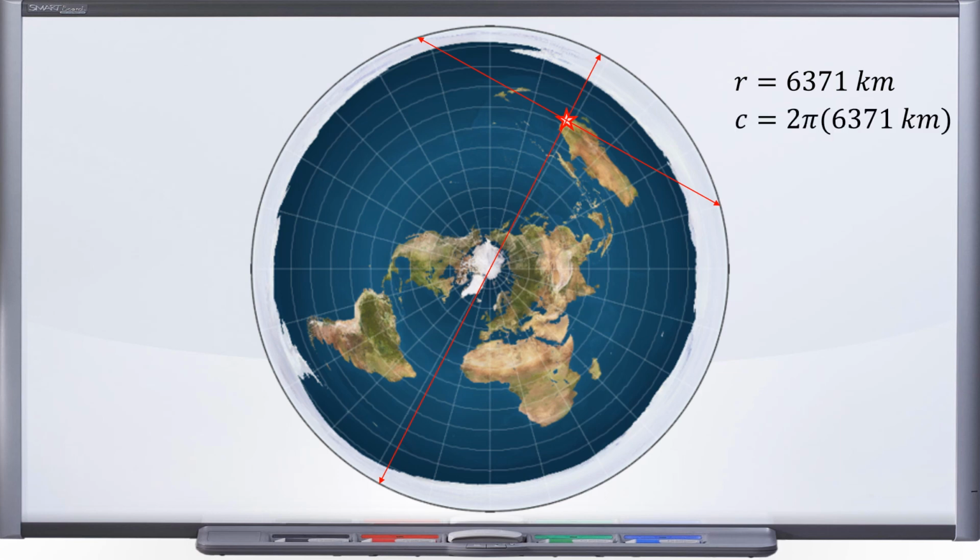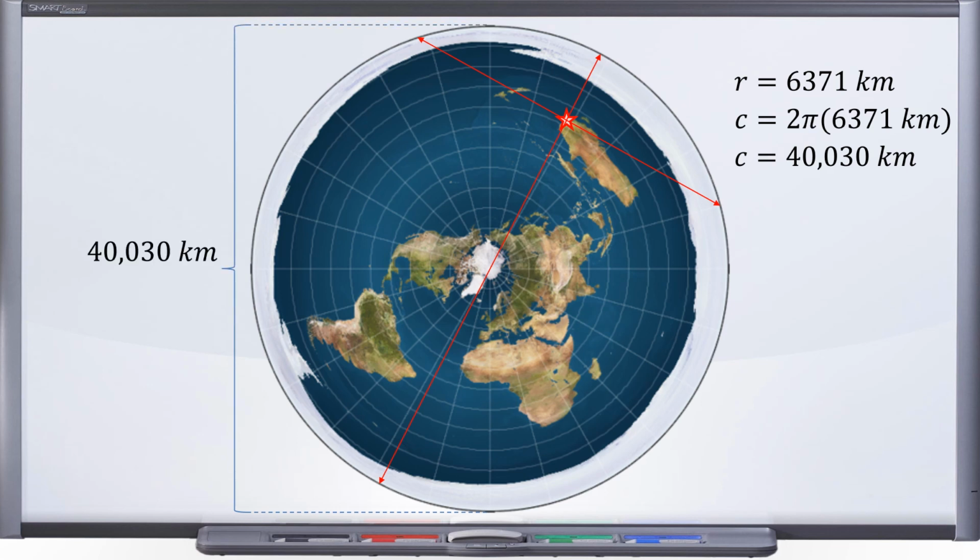That would mean with this radius for the globe, here's the circumference of the globe, and that comes out to about 40,000 kilometers, give or take. And so if distances are supposed to be the same, my interpretation of that is that this distance across the flat Earth is the same as the circumference of the globe Earth. So that would give me something to work off of.